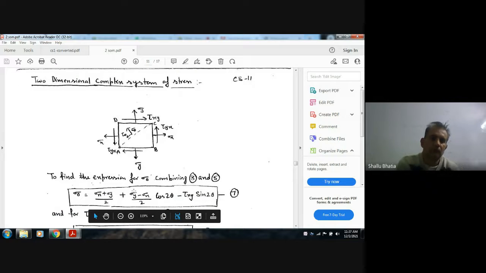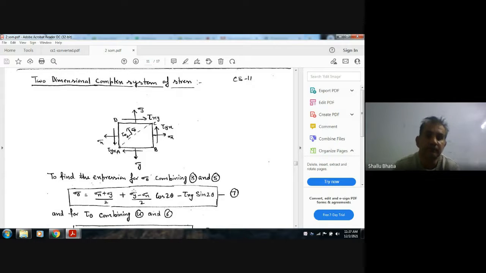Now we have studied the uniaxial stress, we have studied the biaxial stress, we have studied the pure shear stress.